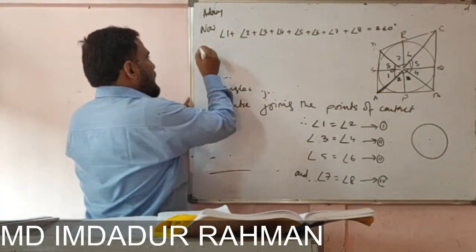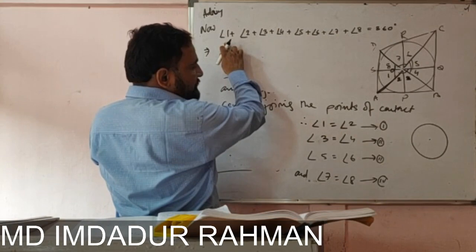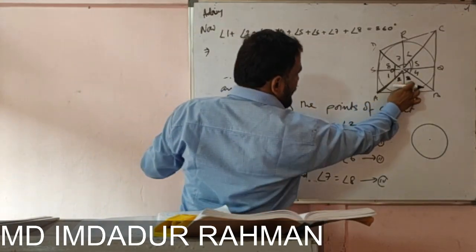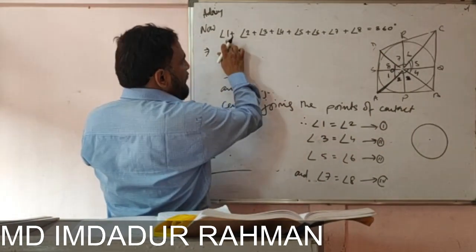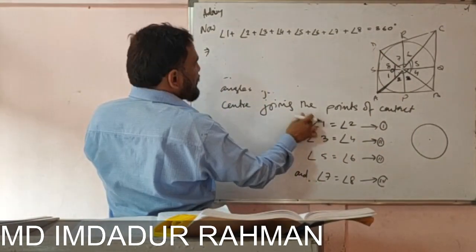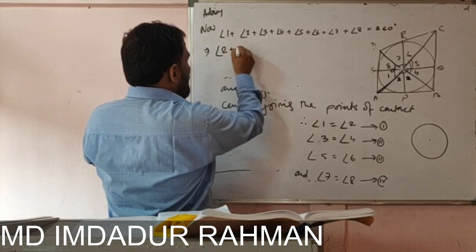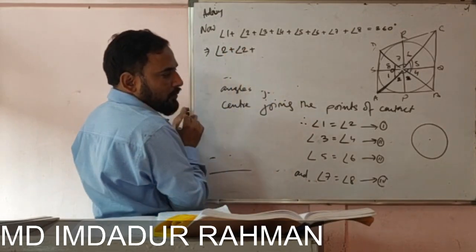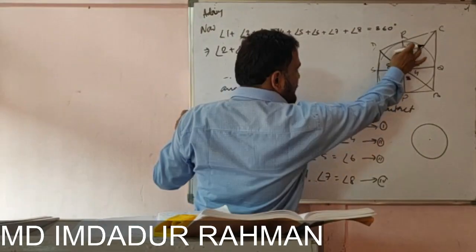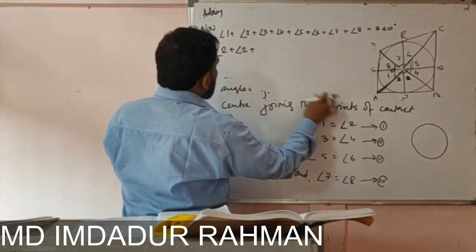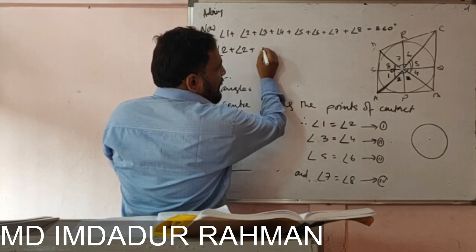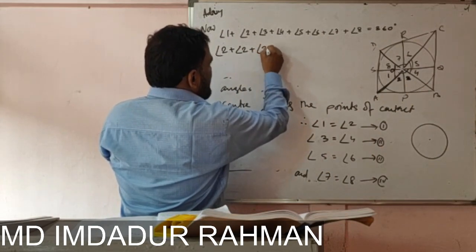So we can say that in place of 1 we need 2, 3 and 7, 6. So in place of 1 we can write 2, so 2 plus 2. We need 2, 3, 6 and 7, others no need. So in place of 1 we can write 2 plus 2 and plus 3.